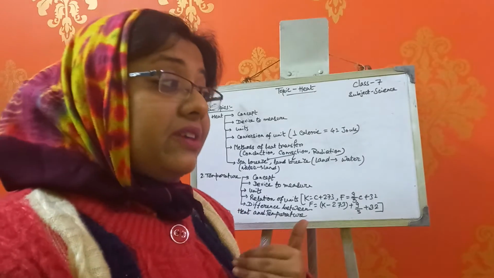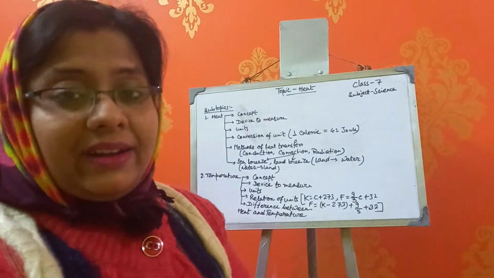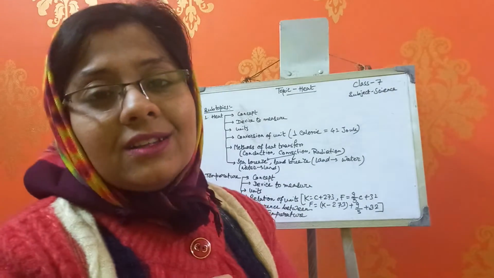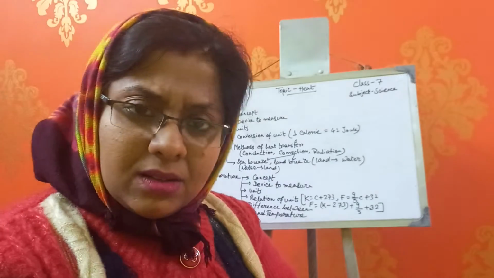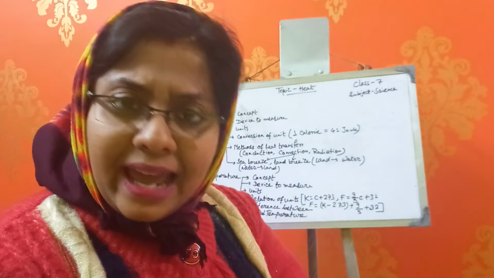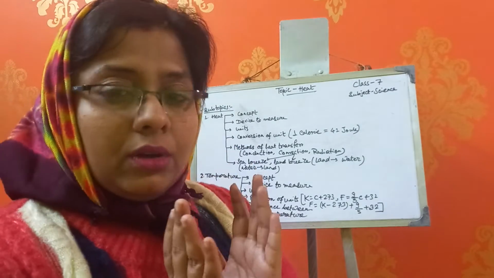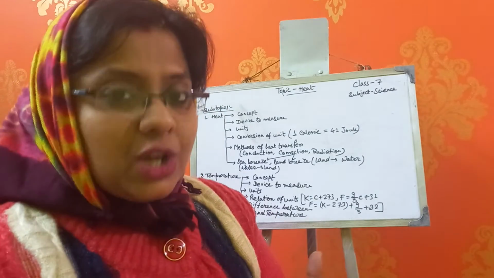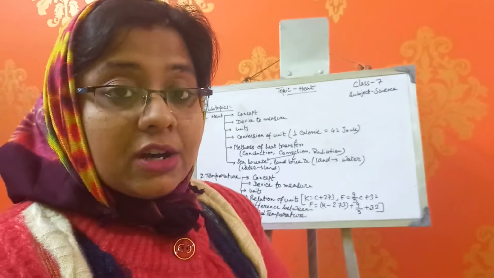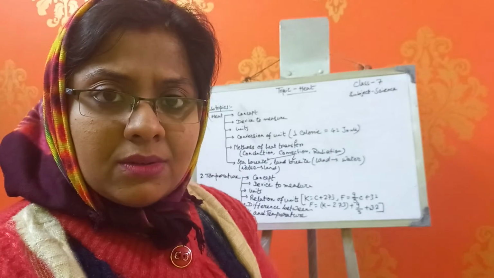Now in previous days, we used the mercury thread inside the clinical thermometer. Now mercury is toxic, not good for our health. So we should be very careful while we are handling the mercury. By any chance, if your thermometer is broken, the mercury thread will come out.